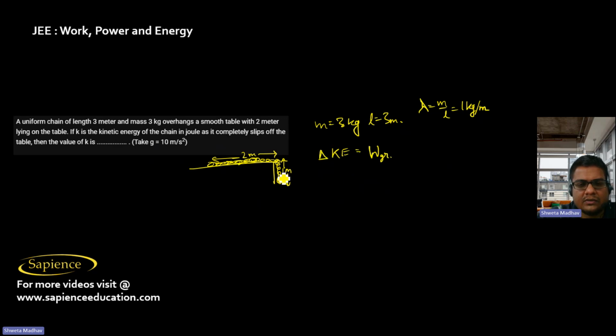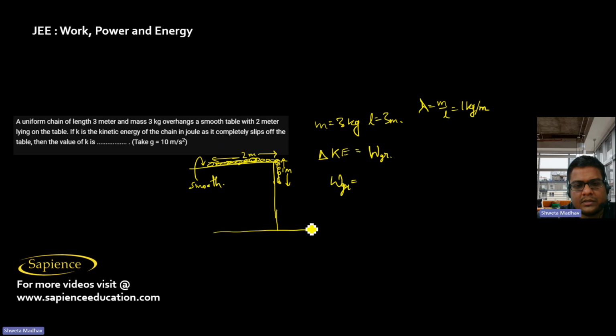So here only gravity is doing the work. Since the table is smooth, there is no friction here. So now, therefore, work done by gravity, that will be equal to so 3 meter, 1 meter.